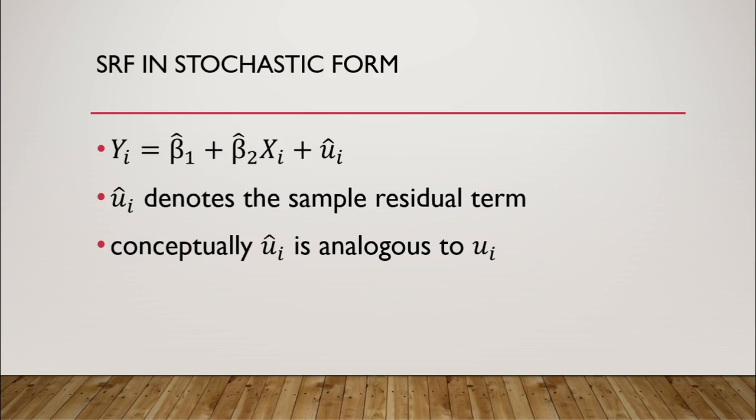Here ui hat denotes the sample residual term, and conceptually ui hat is analogous to ui. This is the sample regression function in stochastic form: yi is equal to beta 1 hat plus beta 2 hat xi plus ui hat.